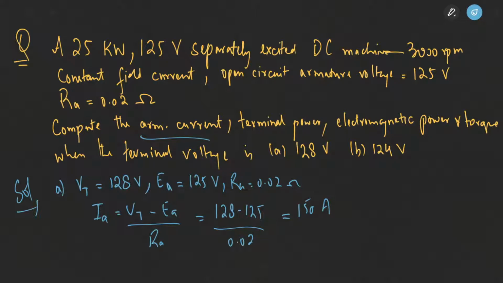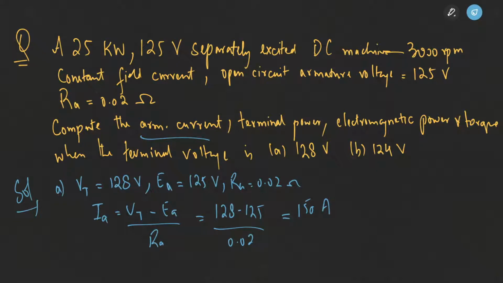Now let's do the terminal power. The terminal power of this machine, that is the power that is being supplied, will be equal to VT into IA. VT is equal to 128 and IA we have just seen is 150 amperes.